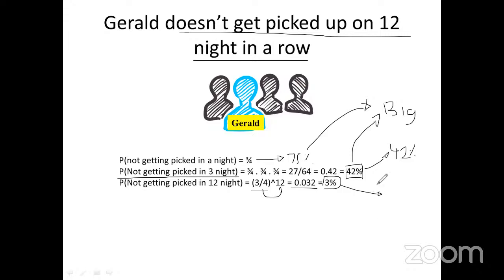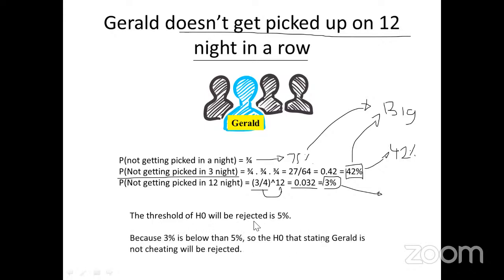Why is this low? Because statisticians have stated the threshold at which H sub 0 will be rejected is 5%. Because 3% is below 5%, H sub 0, stating that Gerald is not cheating, will be rejected.